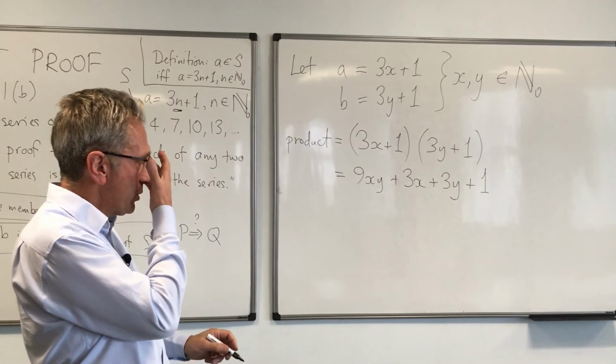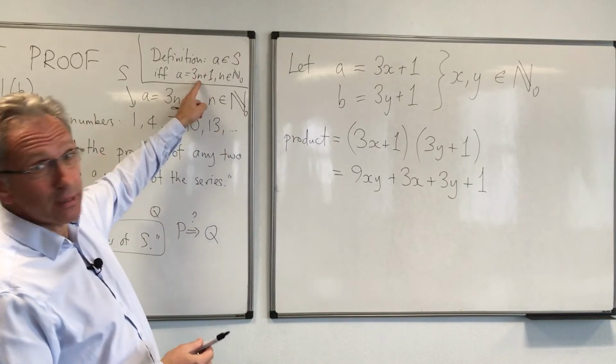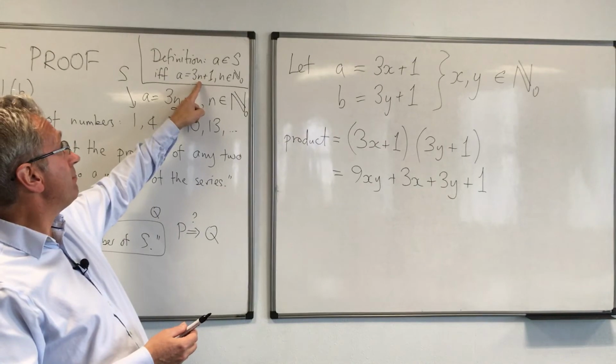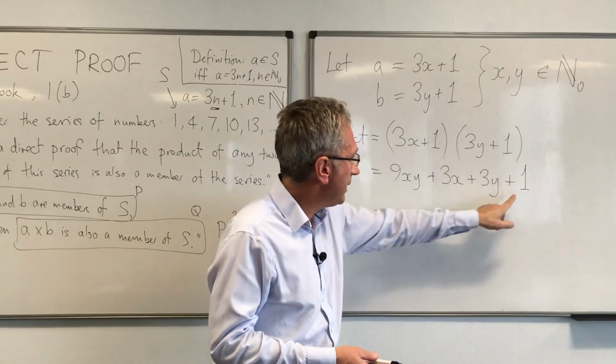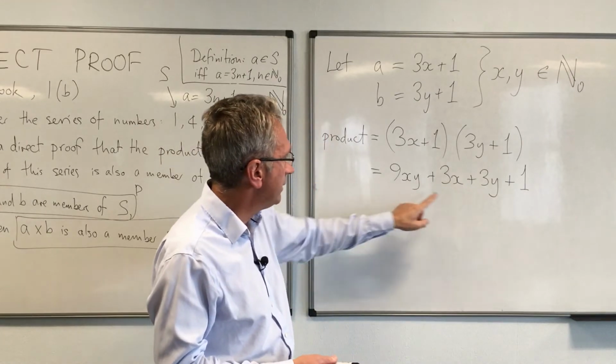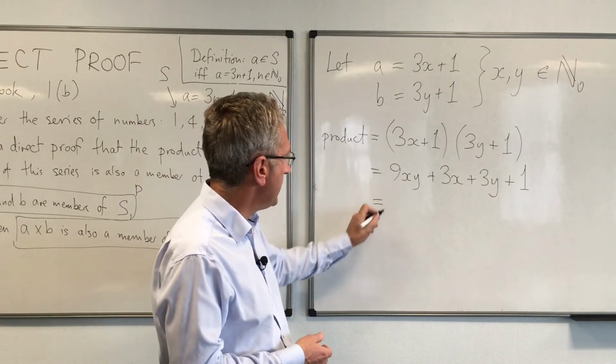So that's our expression. What we're trying to do is go 3 times a natural number plus 1. So we'll keep that plus 1 there, and we'll want to take a factor of 3 out. Luckily, it looks like the factor of 3 will come out very easily here.